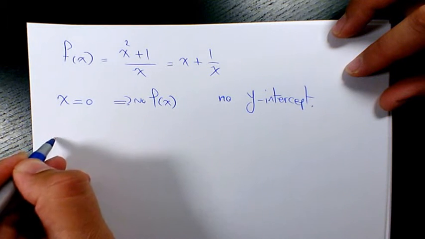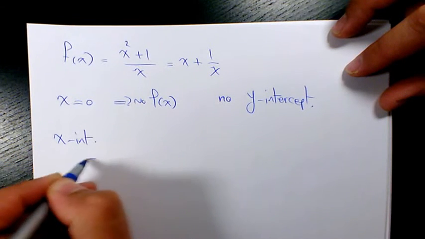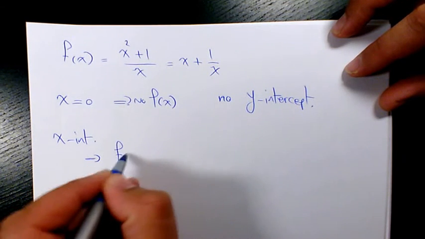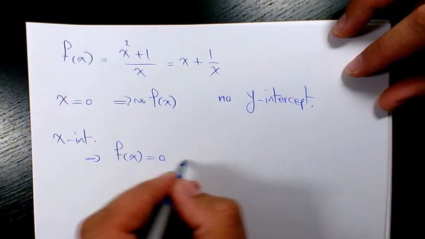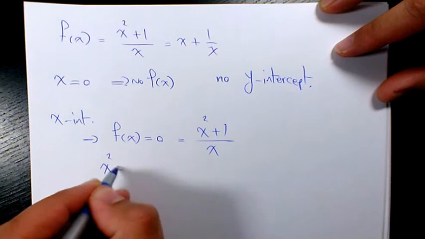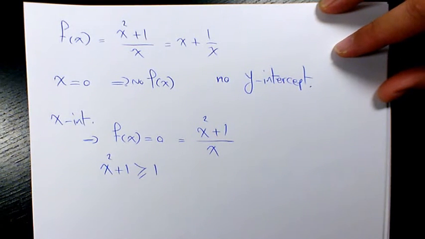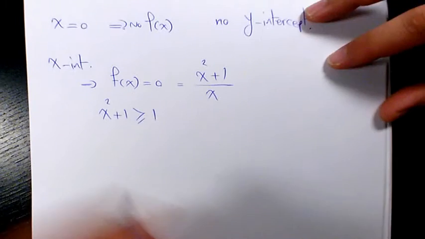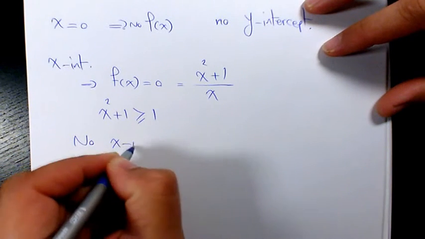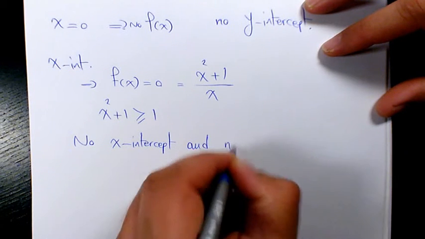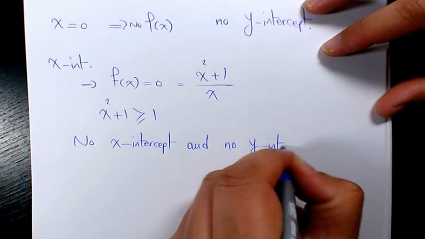Whenever we want to find the x-intercept, we need to find where it crosses the x-axis, or when f of x is 0. f of x is x squared plus 1 over x, and x squared plus 1 is always greater than or equal to 1. So it never touches the x-axis. So there is no x-intercept, and no y-intercept.